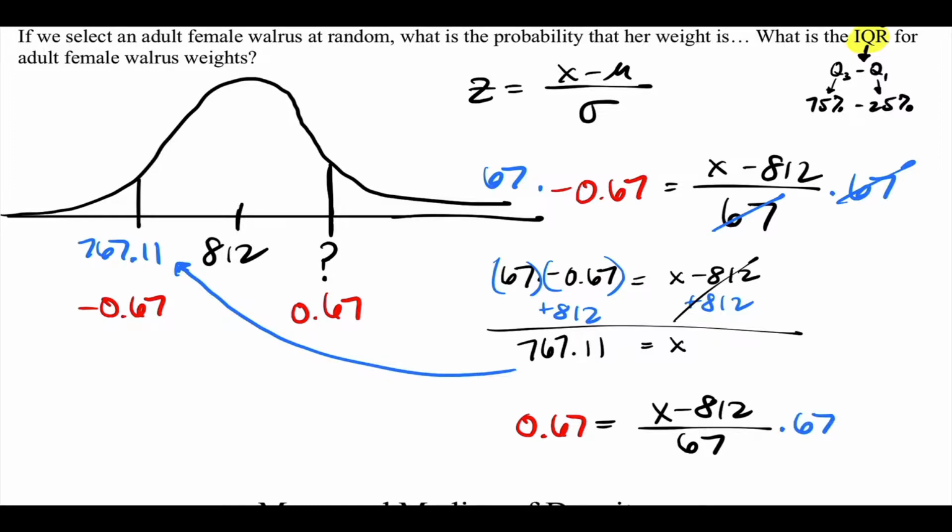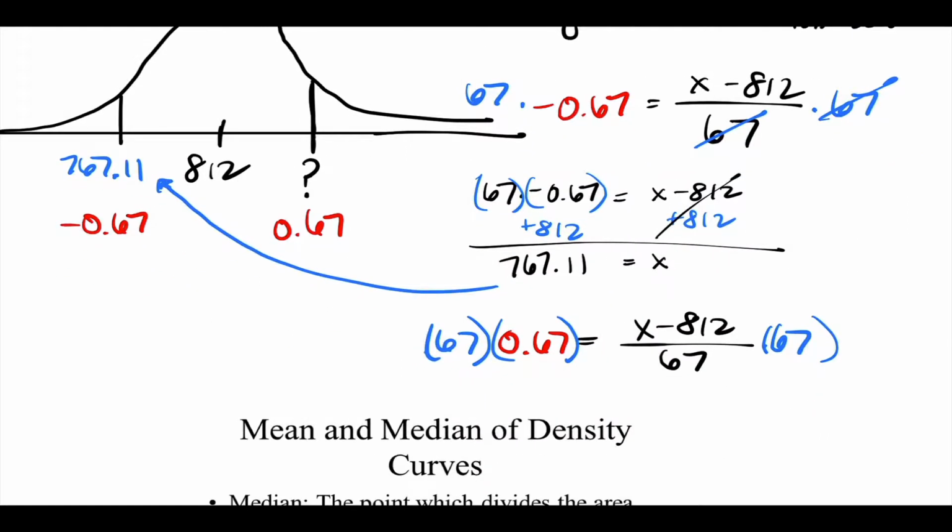You're going to multiply by 67, just like you did the first one. Then you're going to add 812 to both sides, just like you did the first one.